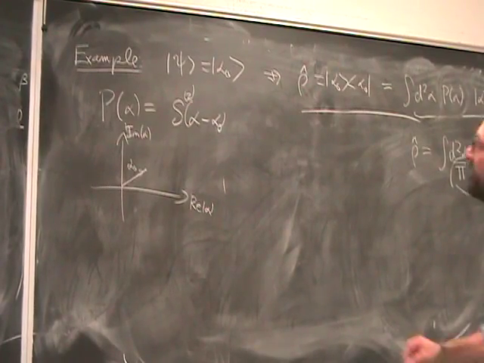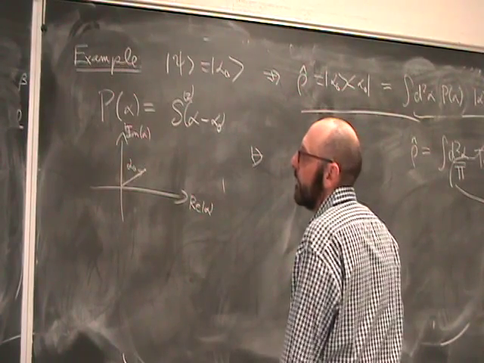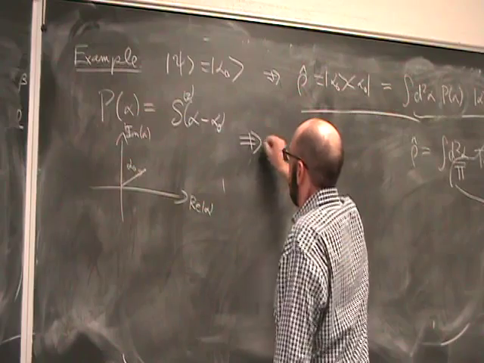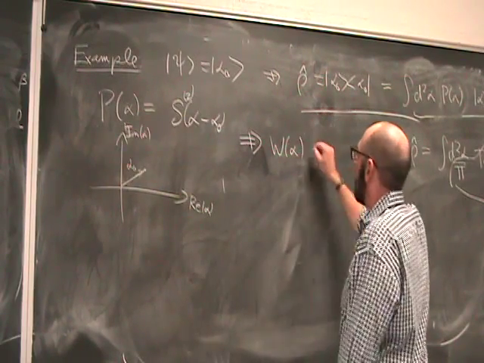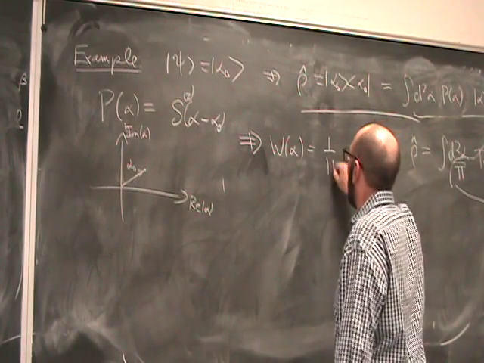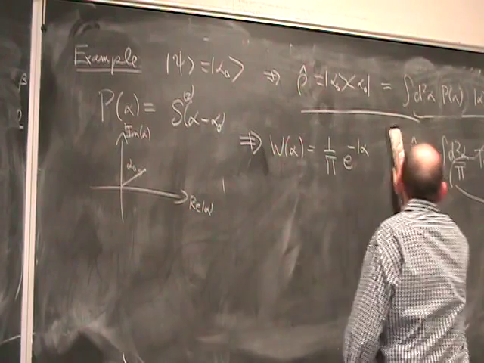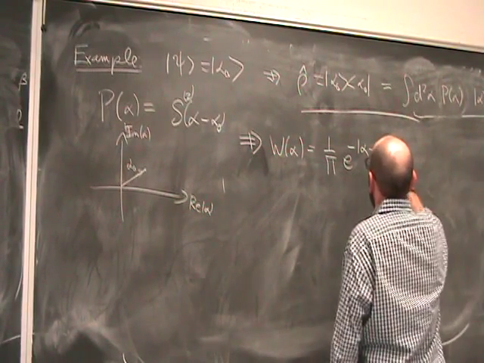So this tells me that the Wigner function, according to that formula over there, is equal to 1 over pi e to the minus alpha naught squared.